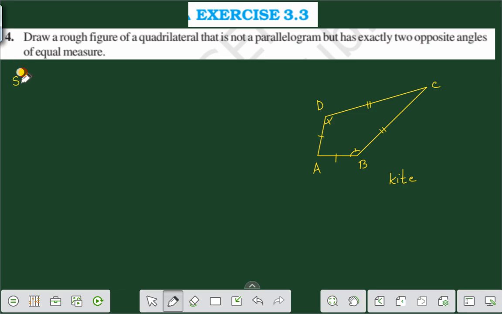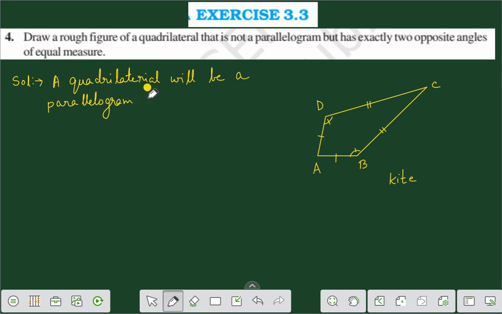But we know that for a quadrilateral to be a parallelogram, the following conditions should be fulfilled.